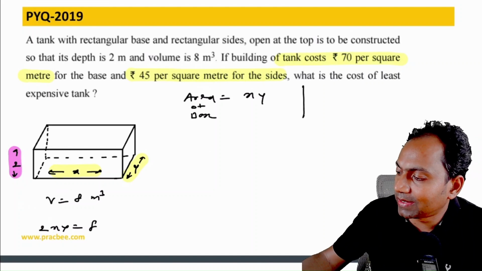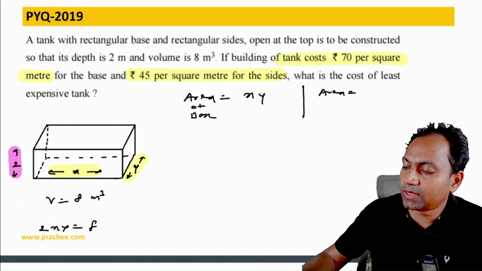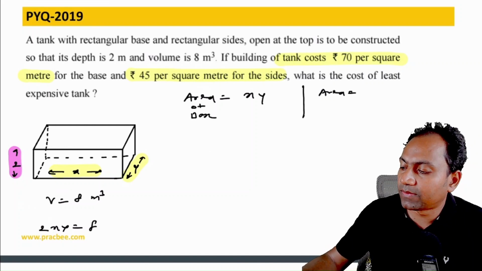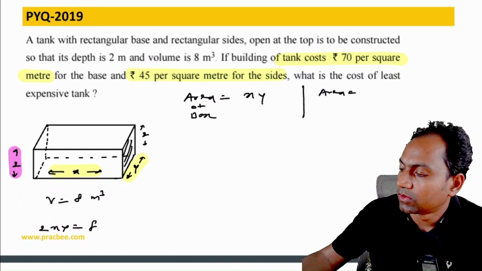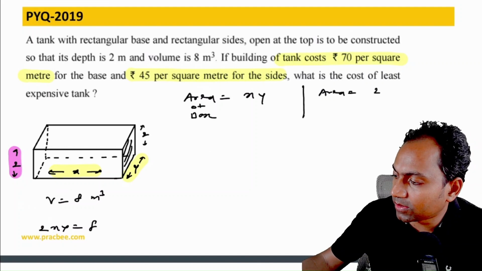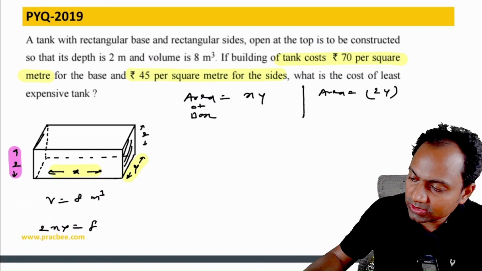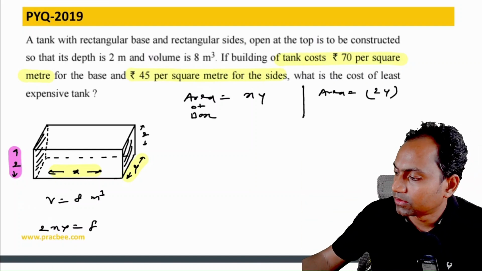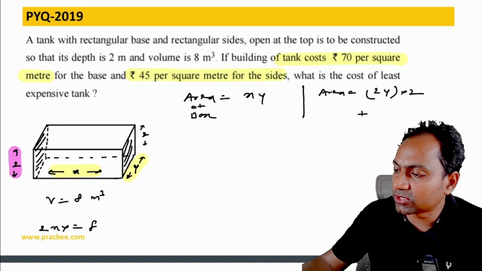Now if I write the area of sides, you can see that one side would be consisting of 2 and y. This side we are talking about. So area of this would be nothing but 2 into y, and there are two such, one and one that is just in front of it, this side. So there are two such. And similarly, we can have this front one also.